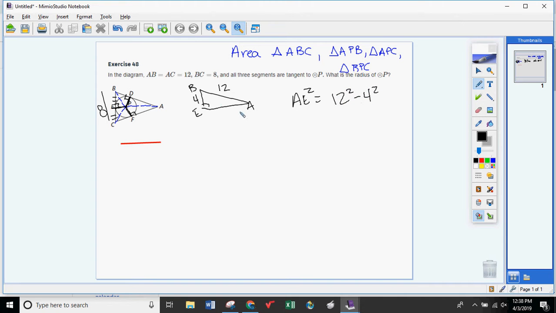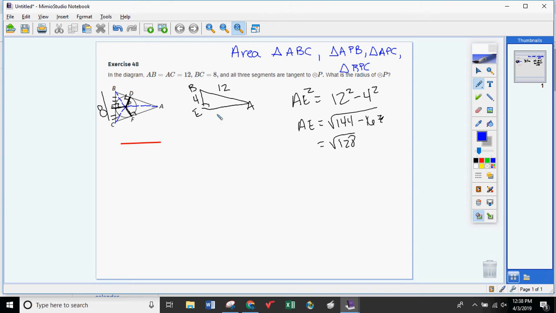I'm doing the Pythagorean theorem, but I'm skipping a step. It would be AE squared plus 4 squared equals 12 squared. I just did one of the steps in my head. So AE is going to be the square root of 144 minus 16, which equals the square root of 128. I'm going to leave that there.